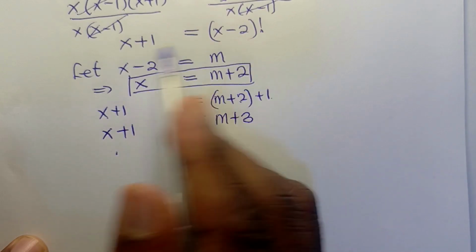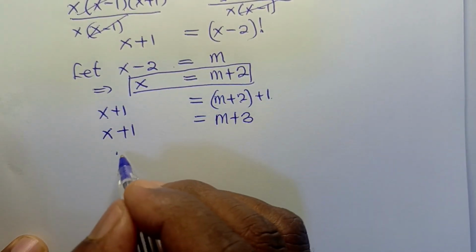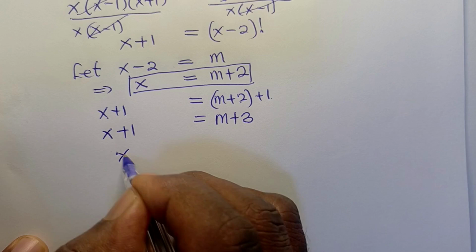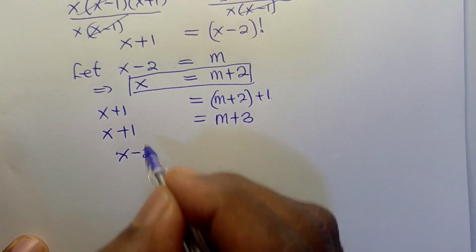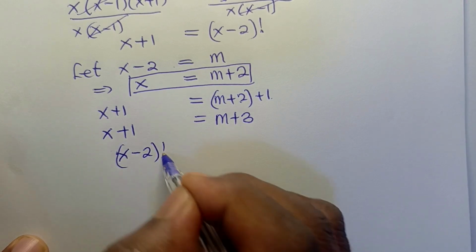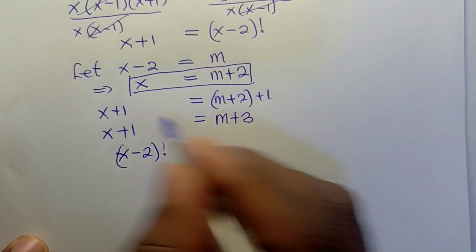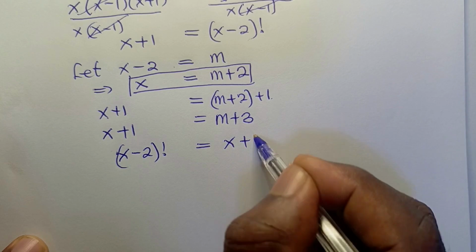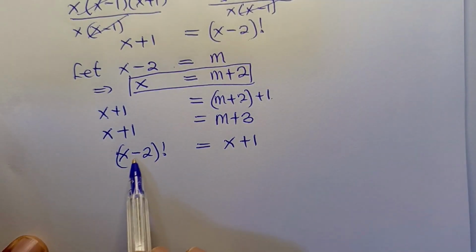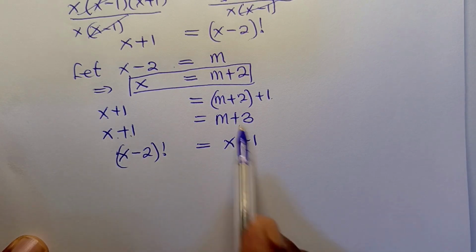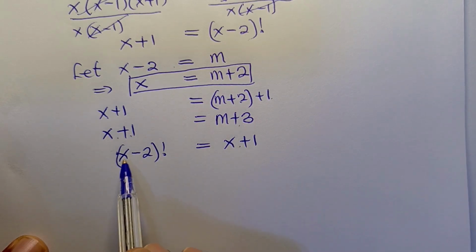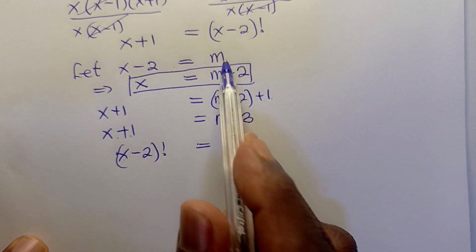To write this equation in a proper order, we can have it as (x minus 2) factorial equals x plus 1. But we know that x plus 1 is equal to m plus 3, and x minus 2 is equal to m.